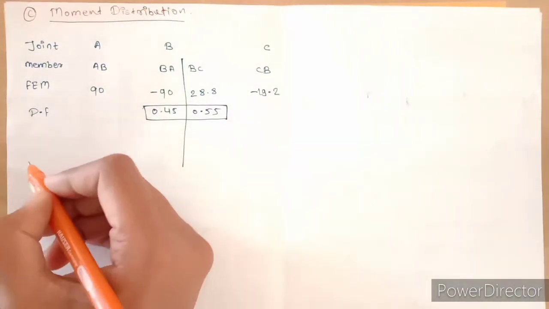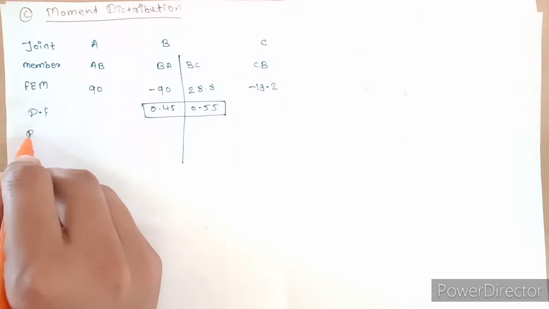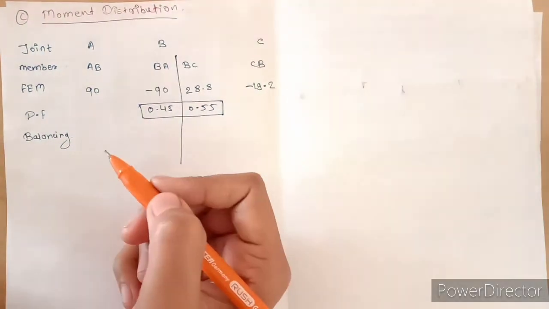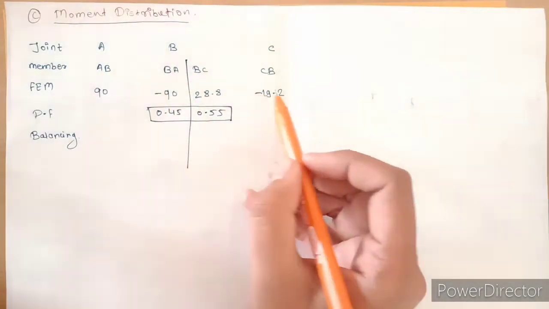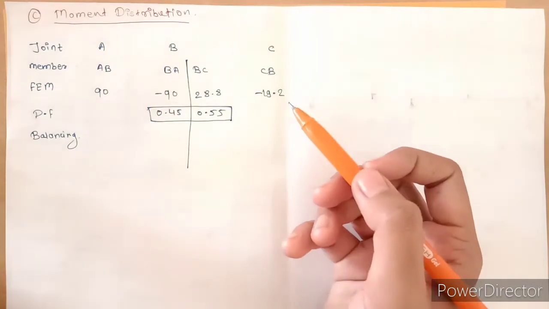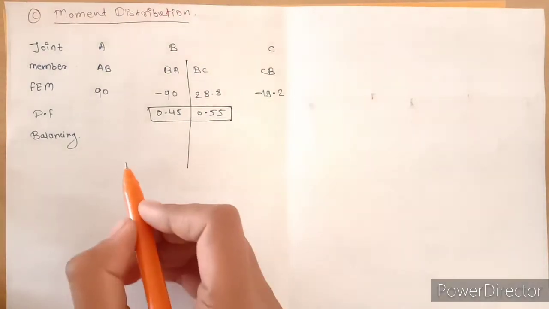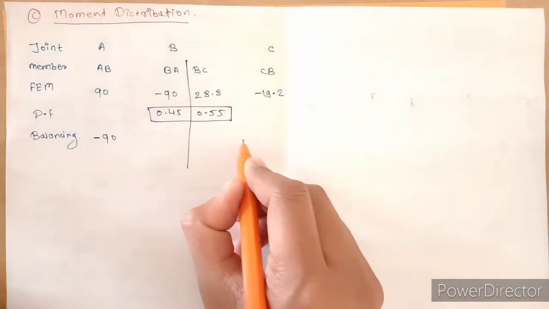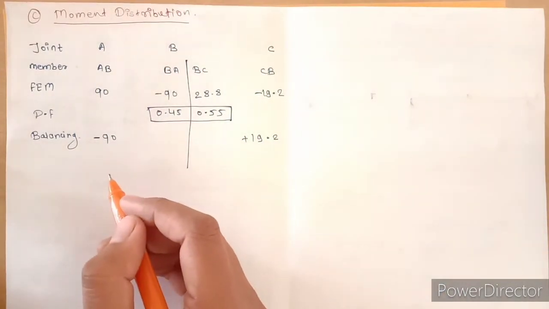Then last, balancing. We balance the AB member and CB member because our beam is simply supported. That's why here we take minus 90 and here we take plus 19.2 because of balancing.